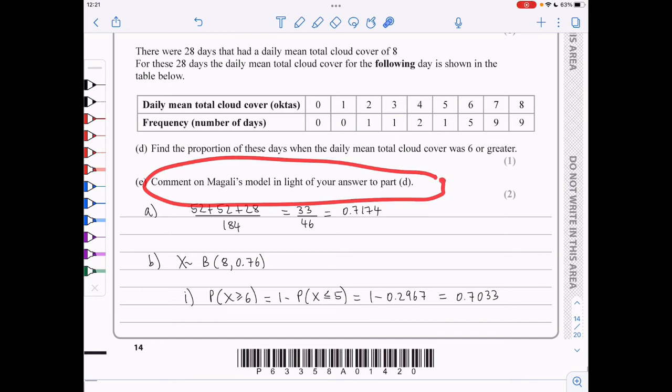And then for part E, comment on Magali's model in light of our answer to part D. So this is really asking you to consider the assumptions of the model by Magali and whether these seem to be satisfied. Now, the binomial model has the assumption that the trials are independent and there is a constant probability of success. In this particular case, a trial is a day, so days are independent and cloud cover on each day is independent, and the probability remains the same.